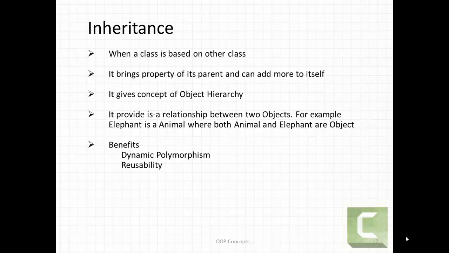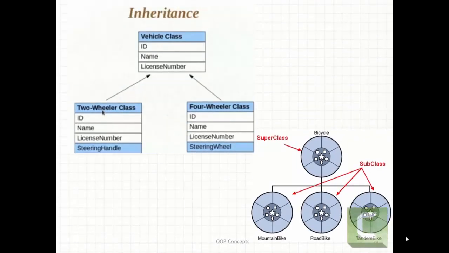The relationship between two objects which is defined over here is called an is-a relationship. Coming back to this example again, if you see here, a two-wheeler is a vehicle. So the relationship between two-wheeler and vehicle is an is-a relationship. At the same time, a four-wheeler is a vehicle.